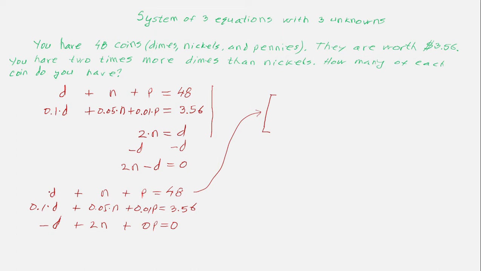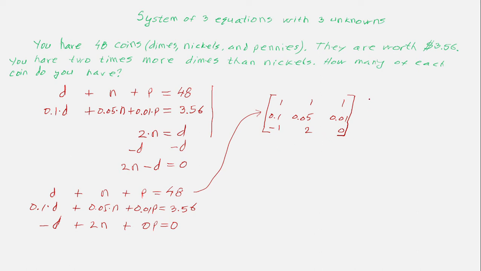So this d right here has a 1, this one has 0.1, this one has a -1, this one has a 1, this one has 0.05, and so on. So all we need to do is copy those coefficients. The first row is 1, 1, 1. The second is 0.1, 0.05, and 0.01. And then the last one is -1, +2, 0, and then we close it off with a big bracket like that.